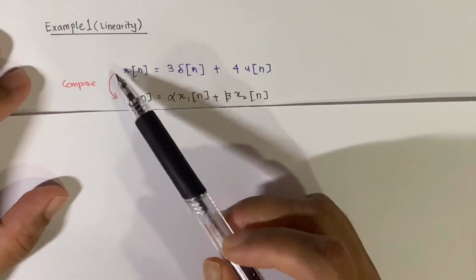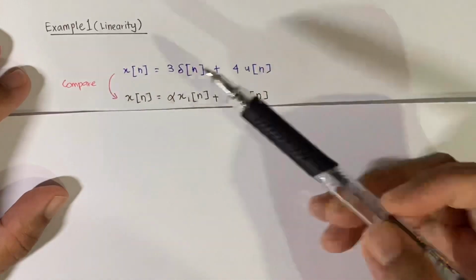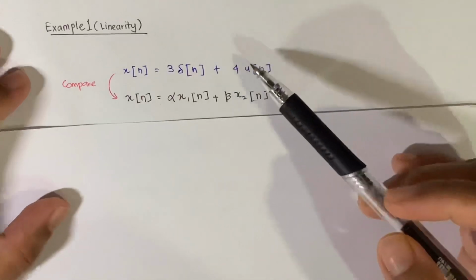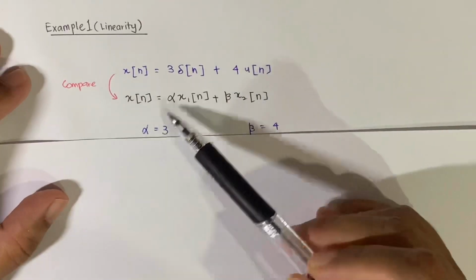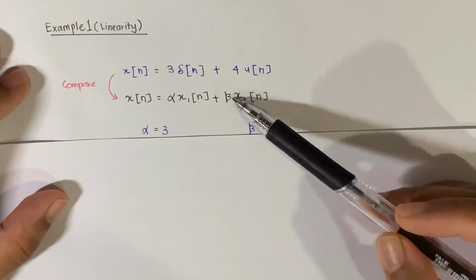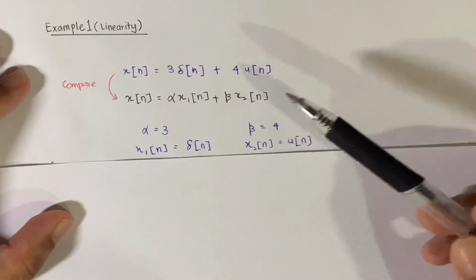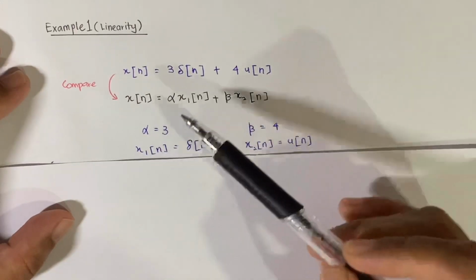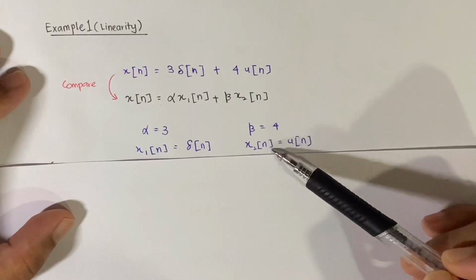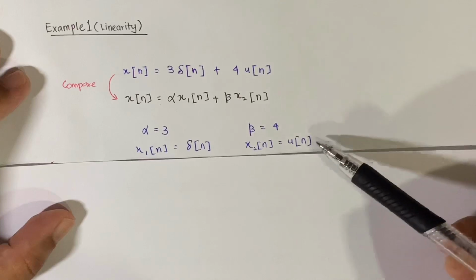So we need to compare the two signals here. We have alpha equal to 3 and beta equal to 4, and x1[n] equal to delta[n] and x2[n] equal to u[n].